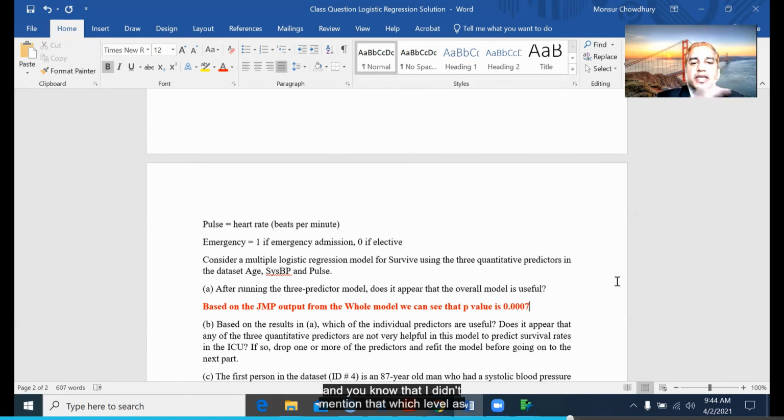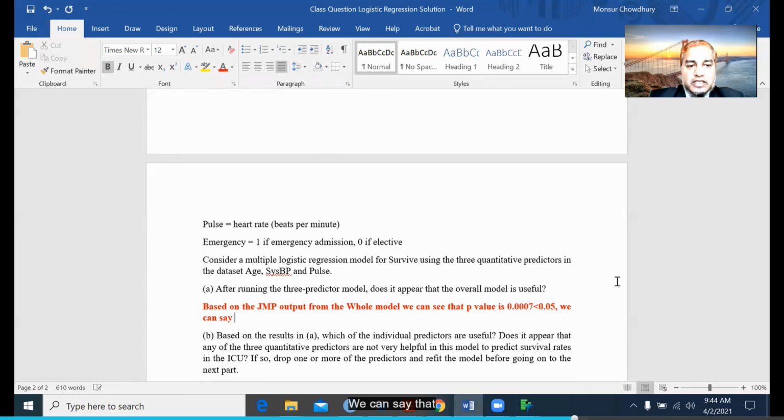And I did mention which level: by default we always use 5%. So the p-value is less than 0.05, so we can say that the overall model is useful.